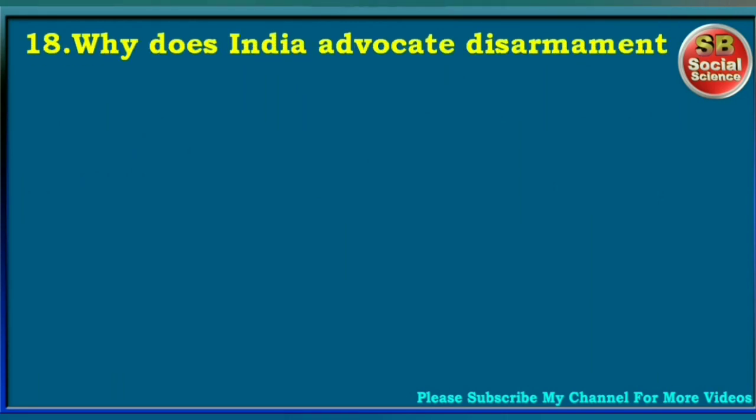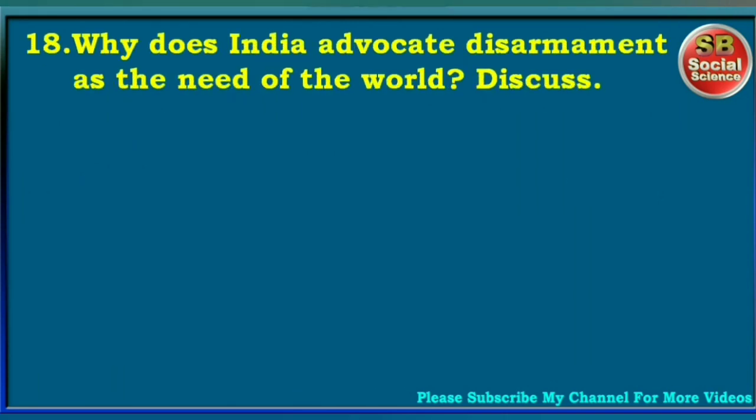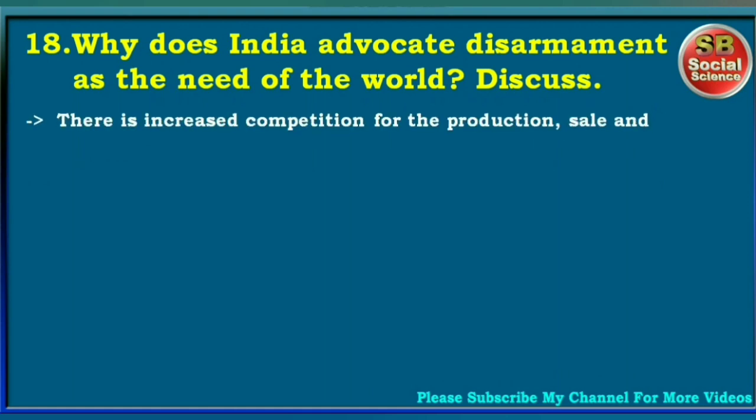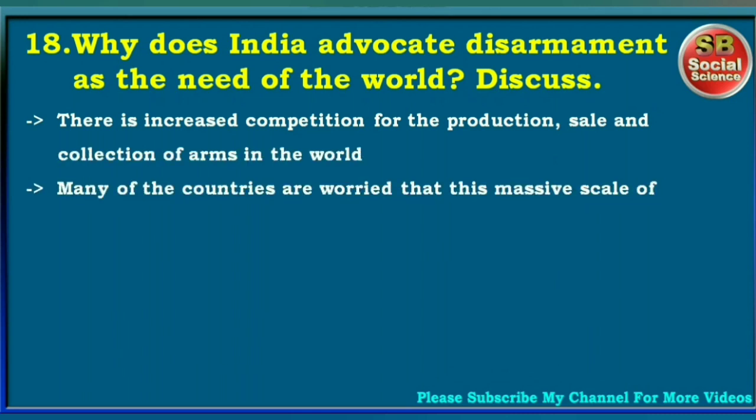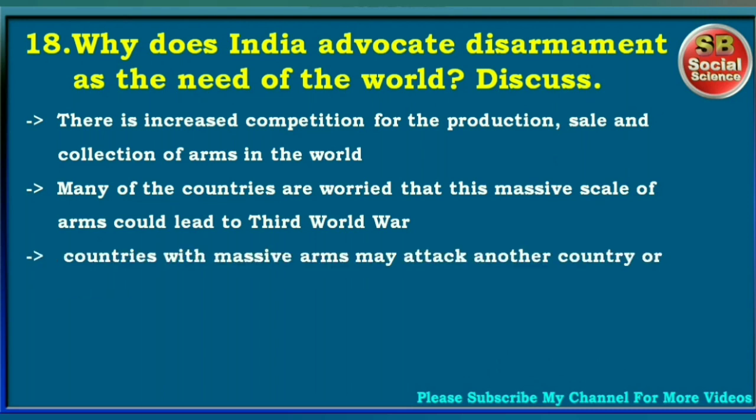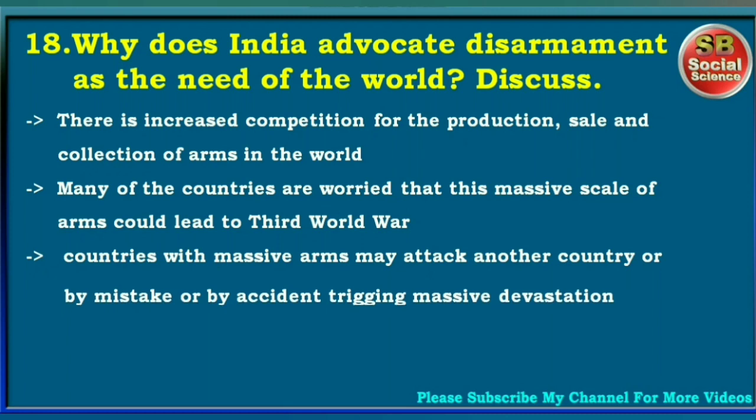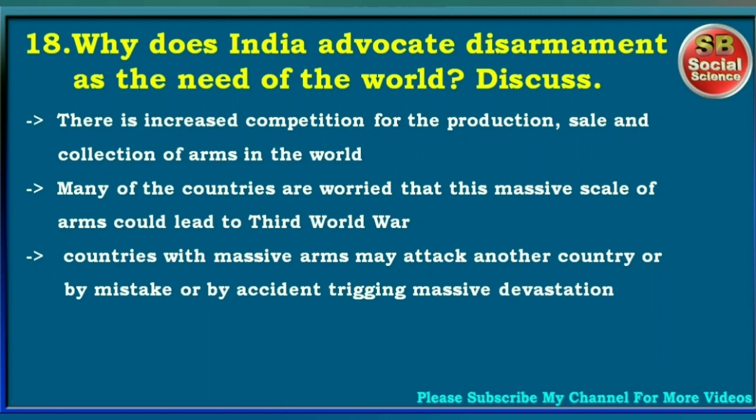Why does India advocate disarmament as the need of the world? Discuss. Answer: there is increased competition for the production, sale and collection of arms in the world. So many countries are worried that this massive scale of arms could lead to the Third World War. Countries with massive arms may attack another country, or by mistake or accident trigger massive devastation.